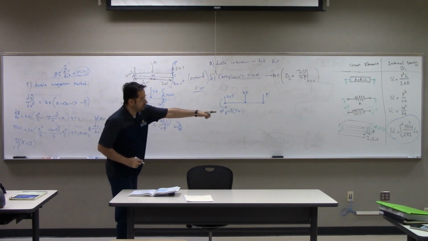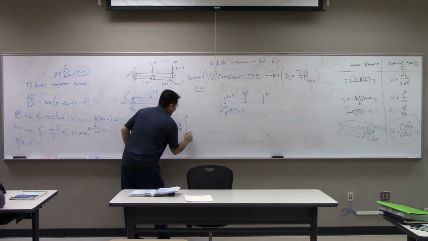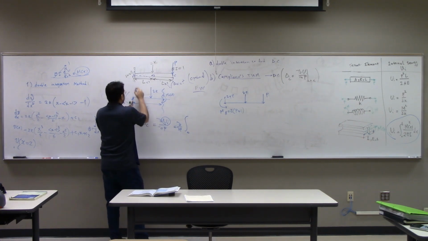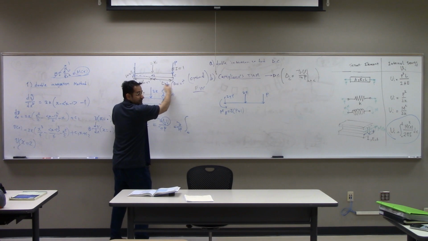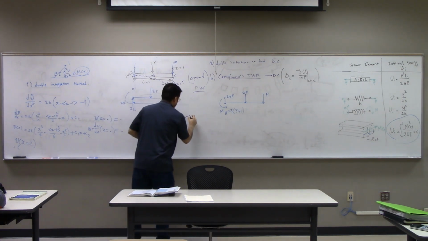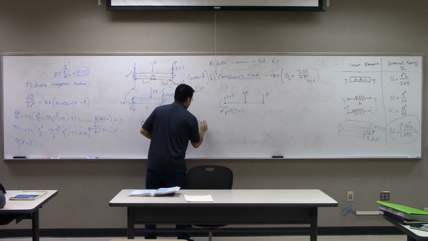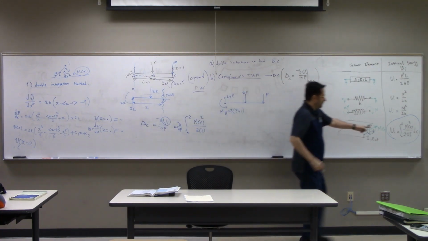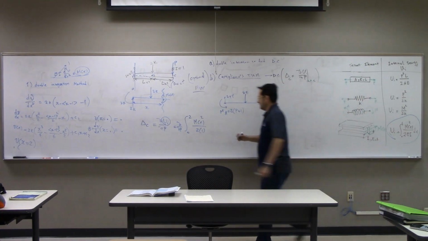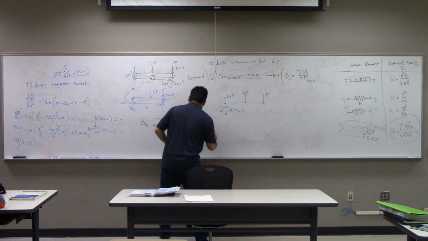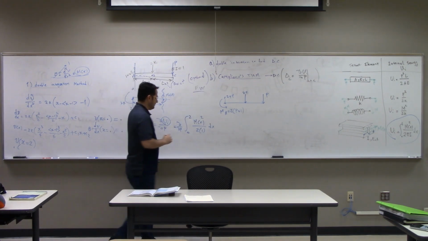Right here, right? So this says the derivative with respect to p of the internal energy of the beam. What's the internal energy of the beam? Integral from 0 to the entire length, of the moment squared over 2EI. So let's make this a little bit simple.